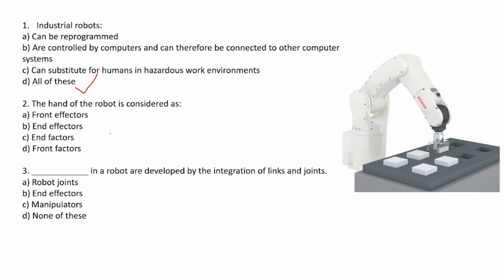So, coming to the next part. Now, if we talk about the robot anatomy, or robotic system, this robot given in the pictures is actually used for pick and place. One part is called the wrist.